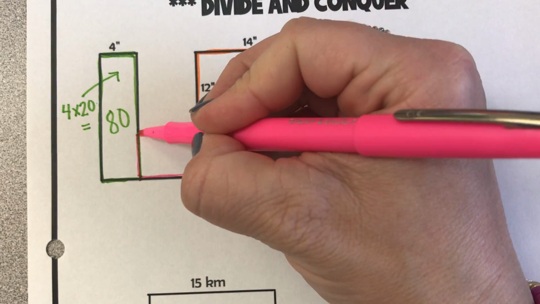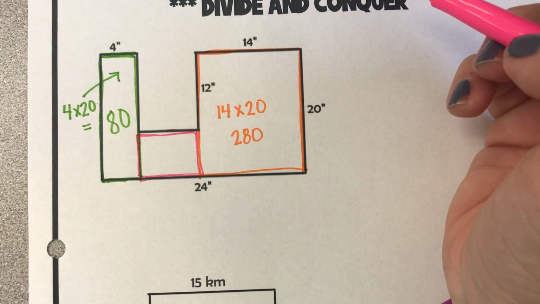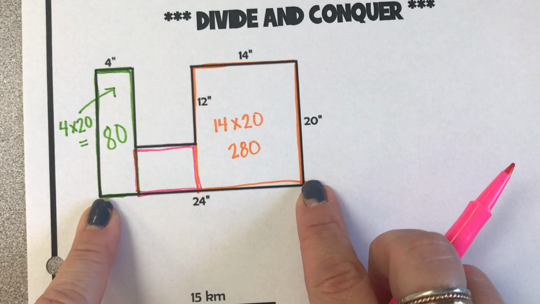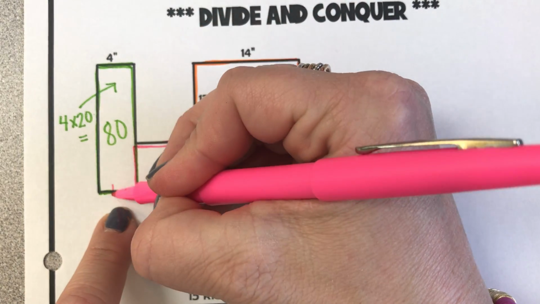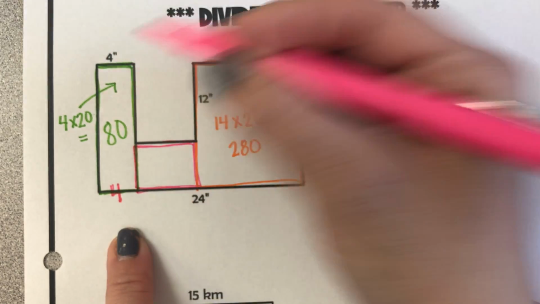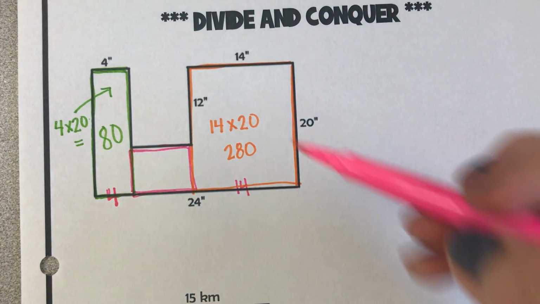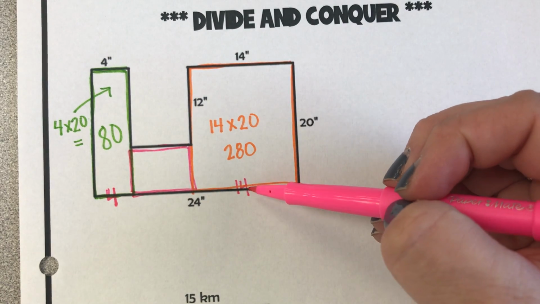But the good news is we're smart and we can figure it out. So let's talk about this whole room: from one corner to the other corner is 24. I know that this part is 4 because it tells me up here. I know that this part is 14 because it tells me right here. So 4 and 14 is 18.